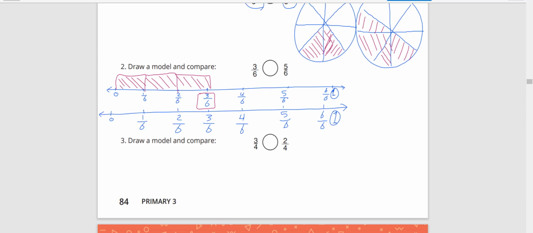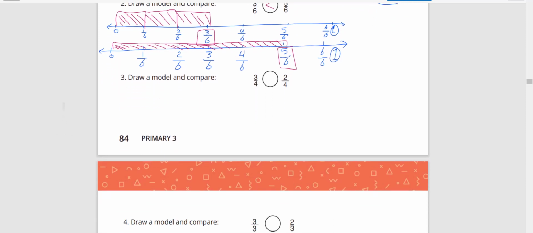The second number line represents 5/6, so shade 5 parts. Which is the greatest part, 3 parts or 5 parts? 5 parts is more than, or greater than, 3 parts. So 3/6 is less than 5/6.